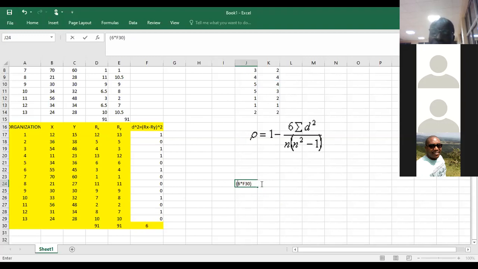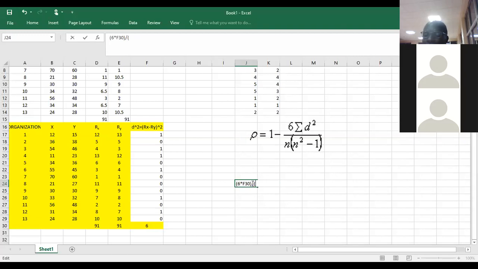It is 6 times that, divided by 13 times 13 squared minus 1. What is 13 squared? 169. 169 minus 1 is 168. I'm just trying to solve this.